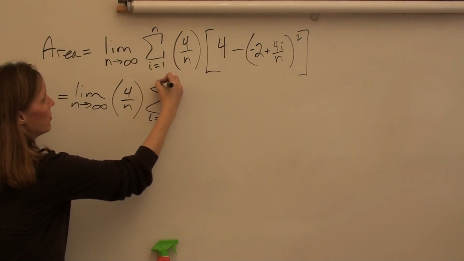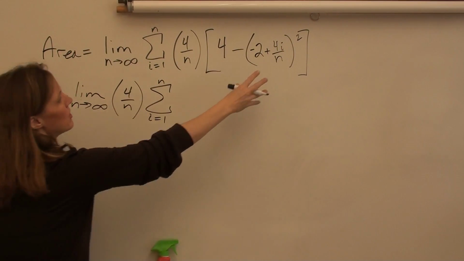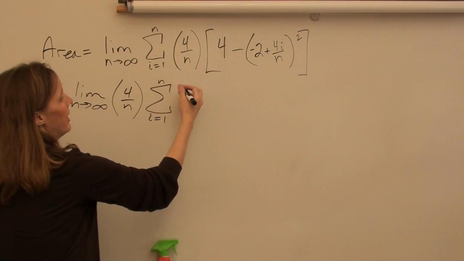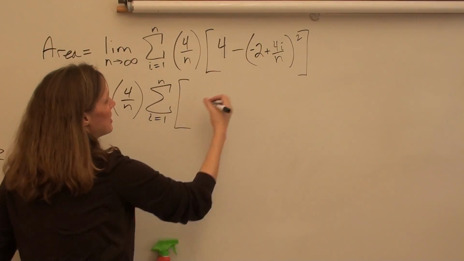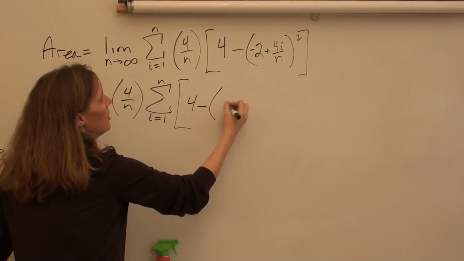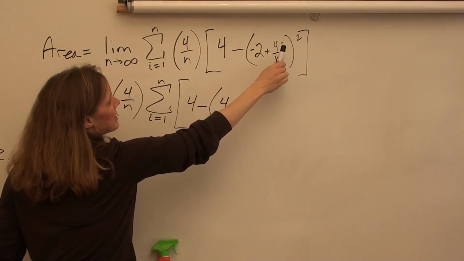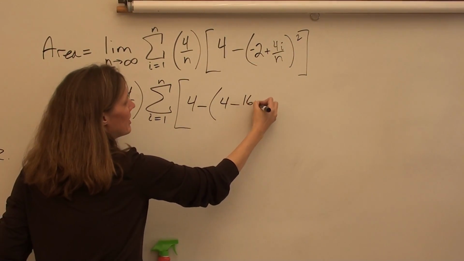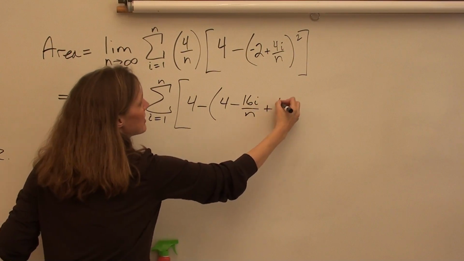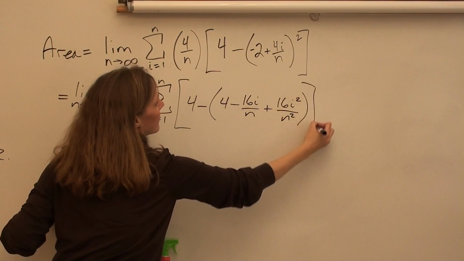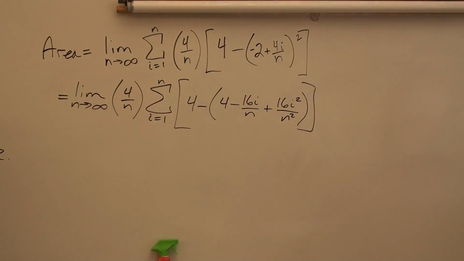What we have to do before we split anything up is clean this up. So I'm going to go ahead and FOIL out this thing. So we get 4 minus 8i over n minus 8i over n is minus 16i over n plus 16i squared over n squared. So just FOILed.